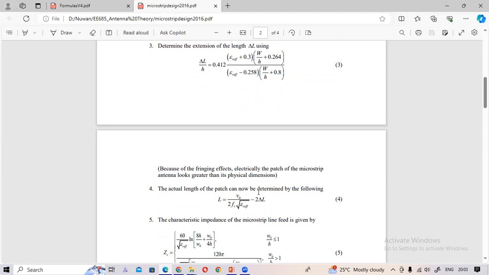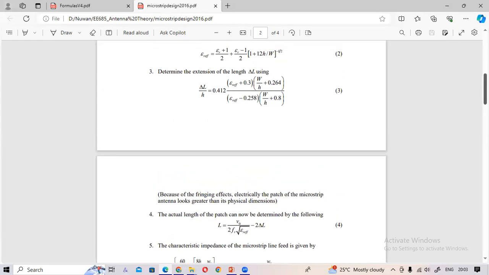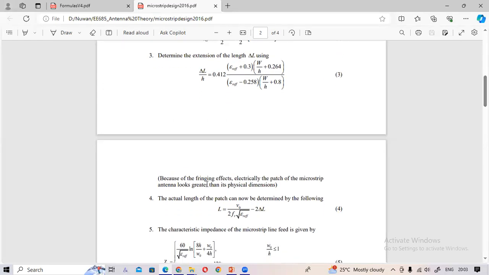There is another part, the delta L part. That is the additional length introduced by the fringing effect. I will explain what the fringing effect is later. There are some capacitances introduced here, and those produce the fringing effect.